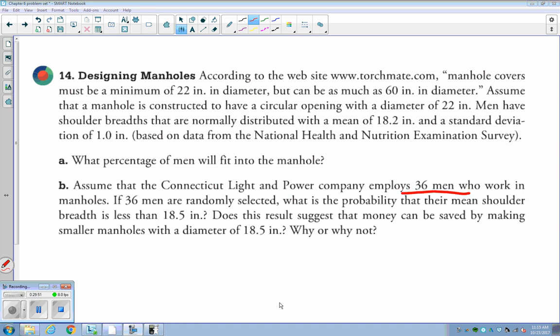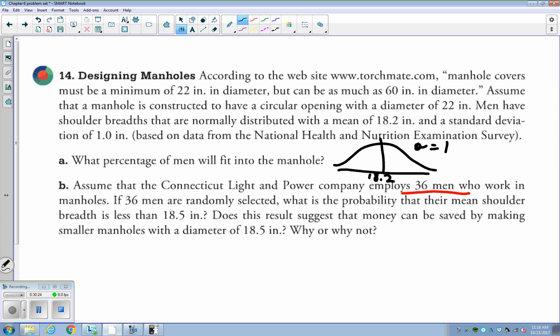Okay, part A. I'm just looking at the whole population, the diameter of those manholes, the mean being 18.2 inches with a standard deviation of 1 inch. So I want to know the percentage of men that will fit into a manhole of 22 inches in diameter.